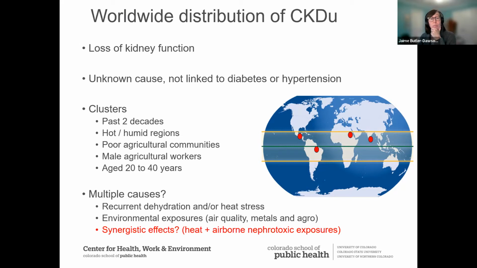So research has been examining, is it recurrent dehydration with heat stress, environmental exposures, looking at air quality, metals, and agrochemicals, and then are there synergistic effects? And that's what our studies are currently looking at. So as their heat exposure plus these airborne exposures. Next slide, please.